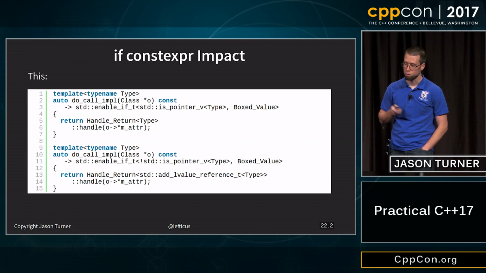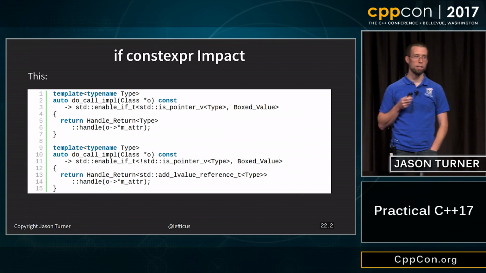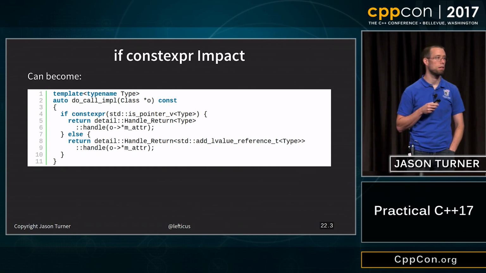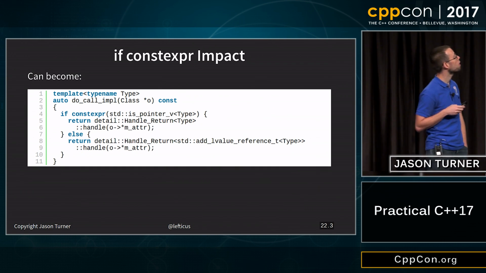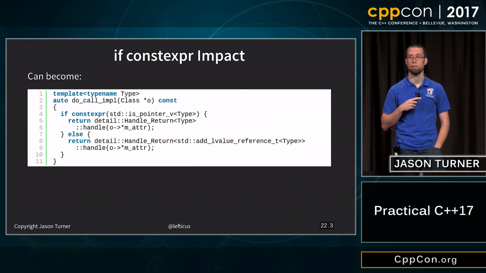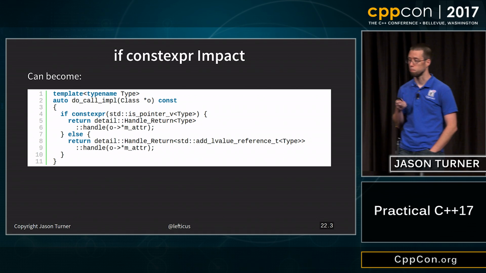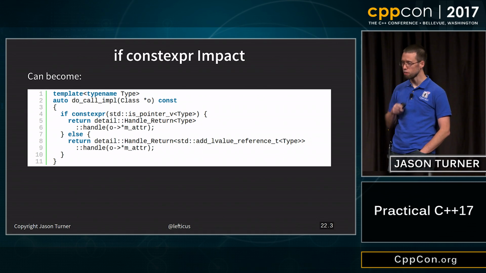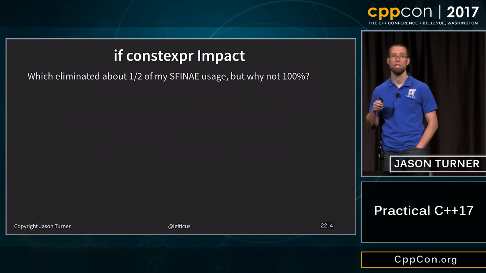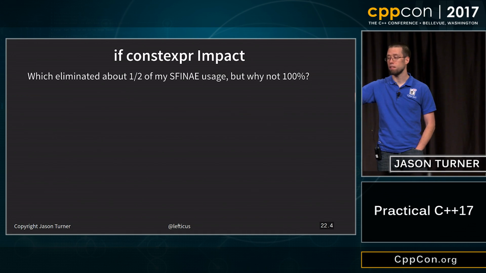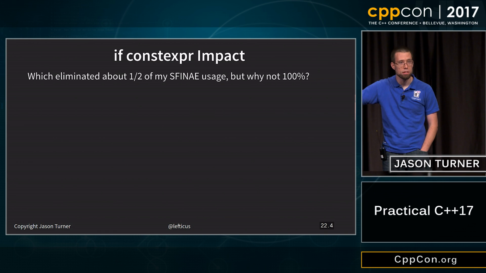So I was able to merge them into one version. I like if constexpr, it made me happy, and it helped a lot for code like this, where I have to make determinations based on type. It eliminated about half of my SFINAE usage. Can anyone guess why it didn't eliminate all of my SFINAE usage?